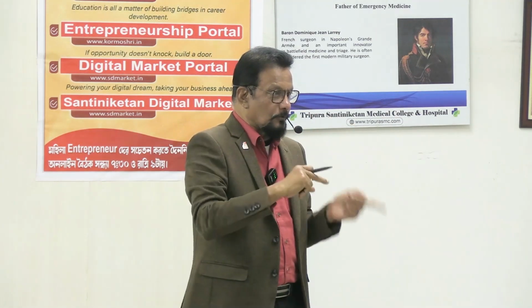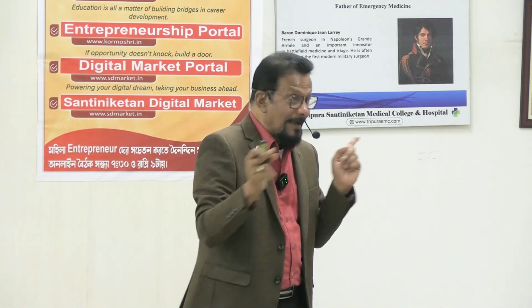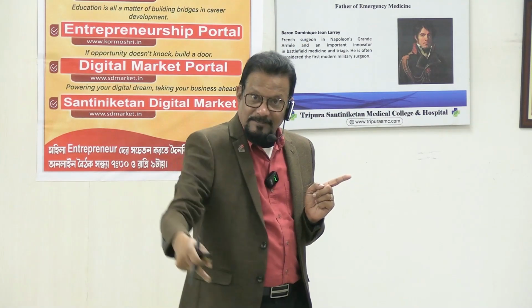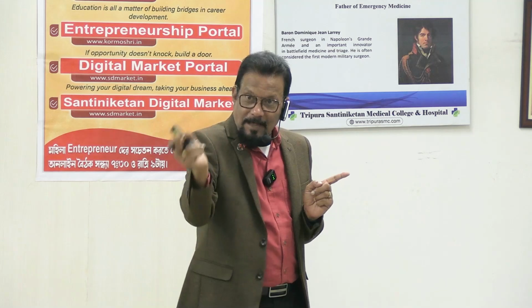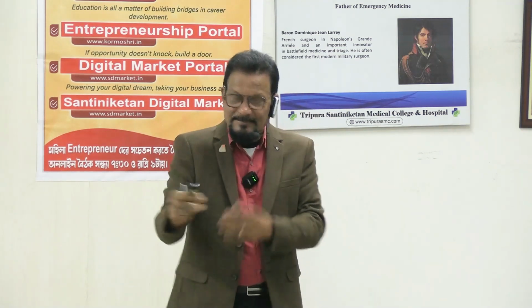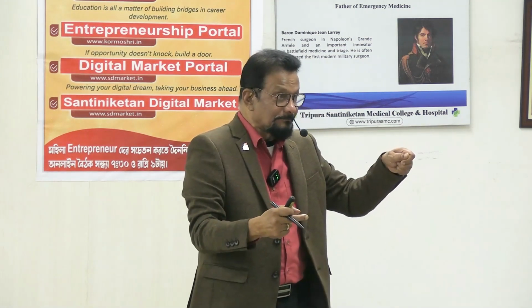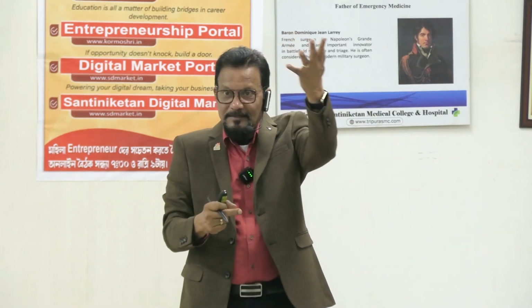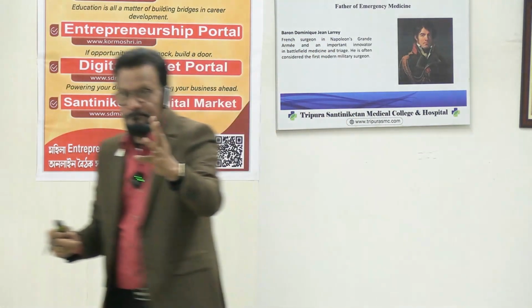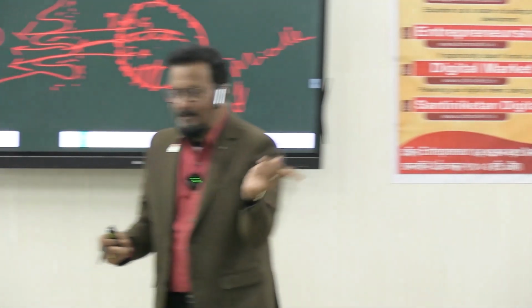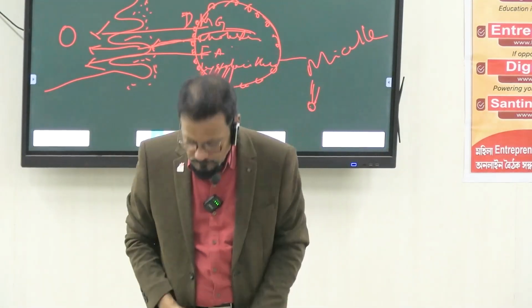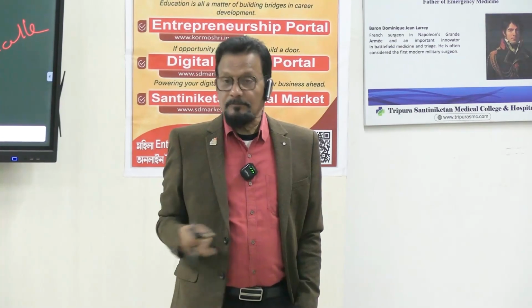This is called hepatoportal circulation of bile salts. After they are released through the bile ducts into the duodenum and have done their action, they are again absorbed in the ileum. Through the ileum, through the hepatoportal system, they come into the liver. So it is produced in the liver, and again comes back to the liver. This is called hepatoportal circulation.